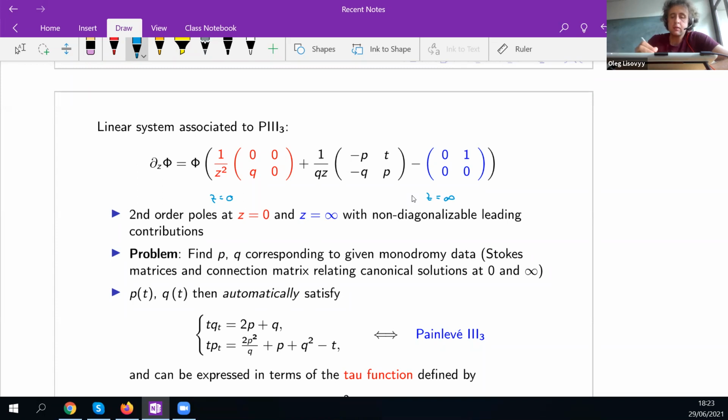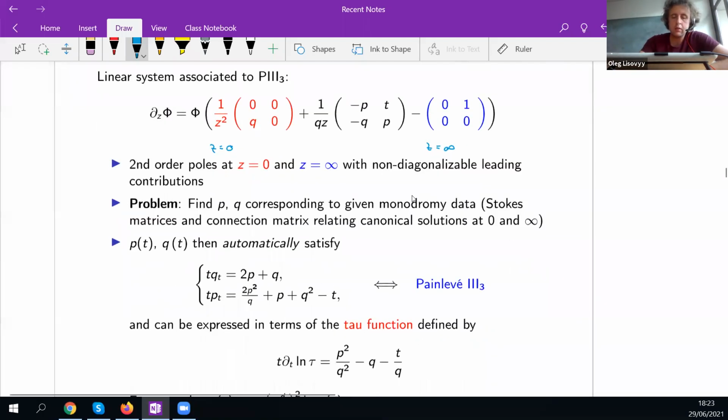Now, the rest of what is written here is just a parametrization of our linear system. So this P, Q, and T are just some convenient letters, some convenient coordinates on the moduli space of such systems. Now, we ask the same question as we had in the case of Mathieu.